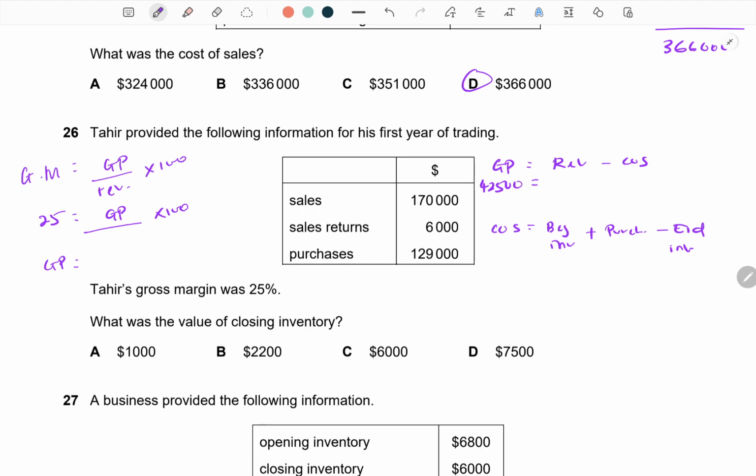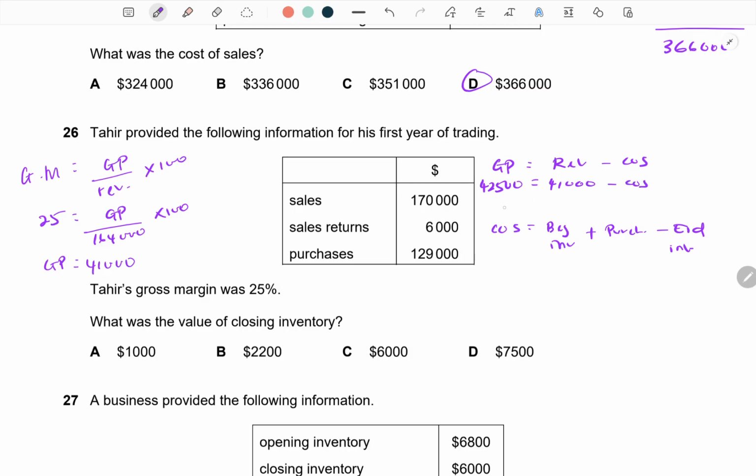So 170 minus 6, so it's 164. Okay, 164. So 0.25 multiply 164 is 41,000. This one net sales must be net revenue. Just noticed just now.